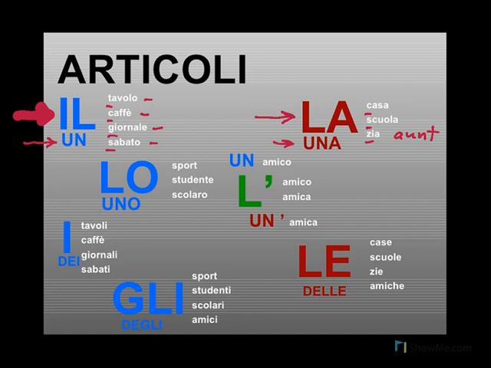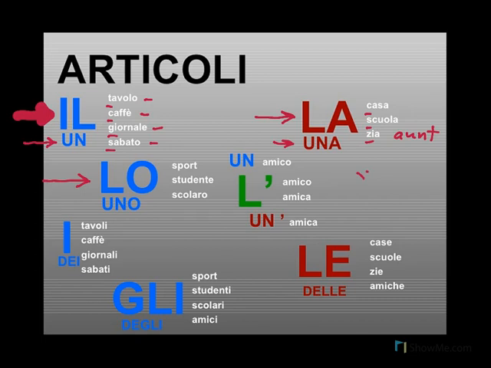You have here the lo. Lo is used for masculine nouns, singular, that start with a double consonant, whether spelled as a double consonant or pronounced as one. Plus, it will be used for words that start with foreign letters, meaning letters that do not officially exist in the Italian alphabet.